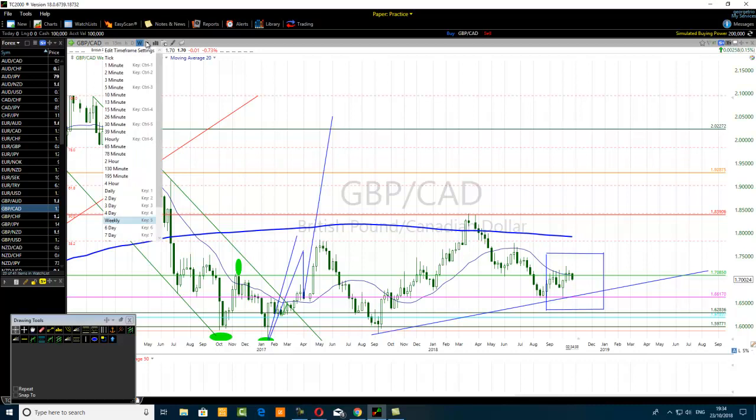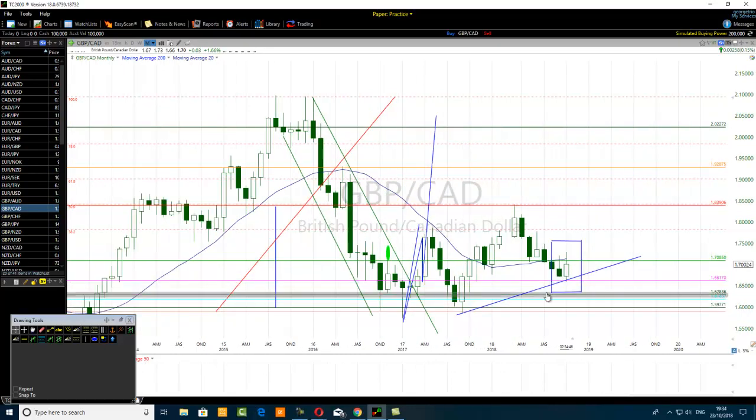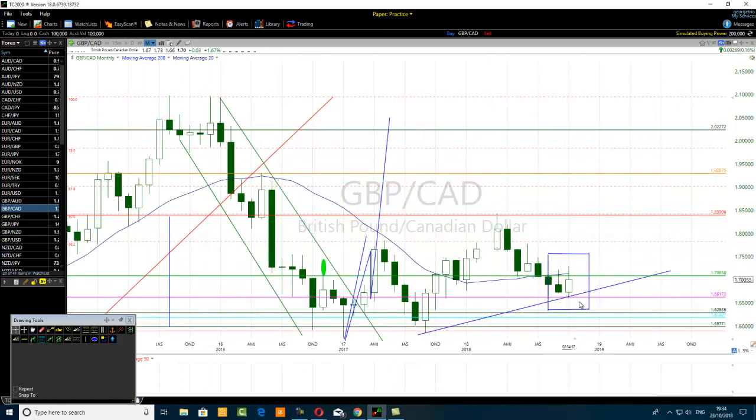So the British pound Canadian dollar is almost similar to the Canadian dollar Japanese yen, with a little bit of difference. Looking at the two latest candlestick bars, this one is finding support on the edge of that trend line there.